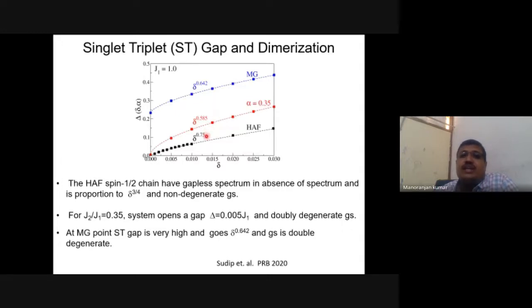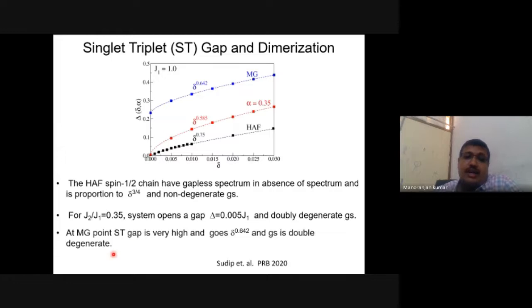And you see that as we keep increasing alpha, the dependence of the ST gap on delta decreases. Okay, the exponent decreases.